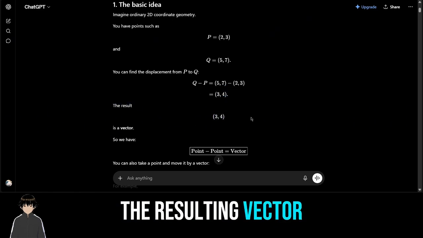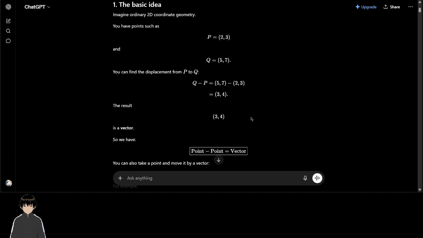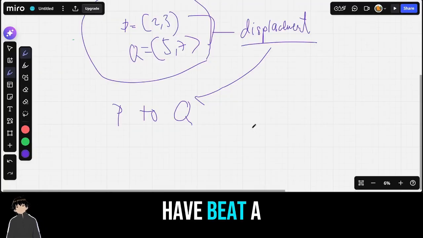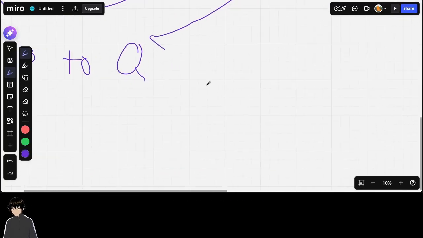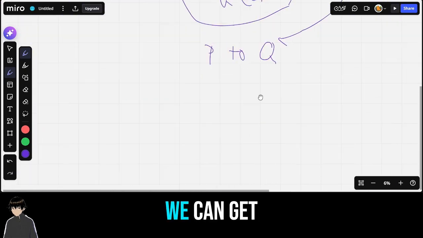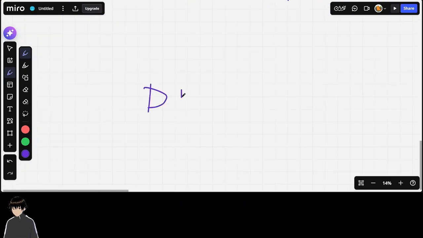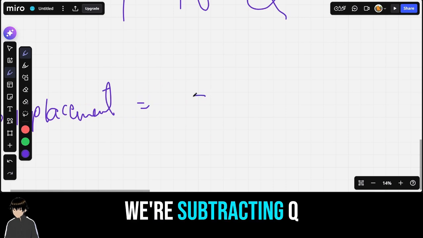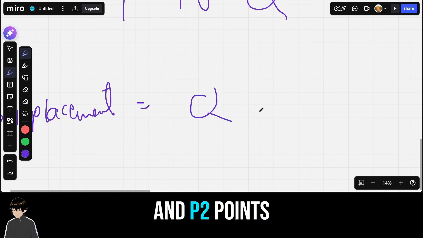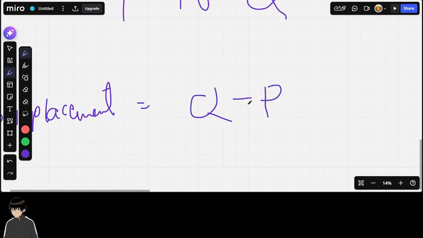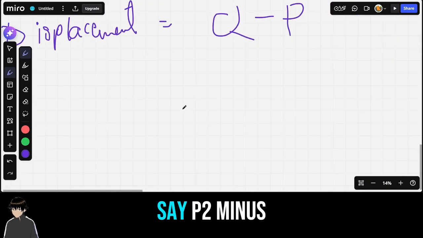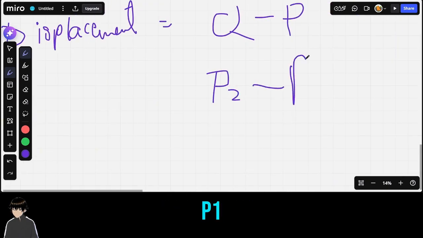So we can get the displacement by subtracting the 2 points Q and P, or you can say P2 minus P1.